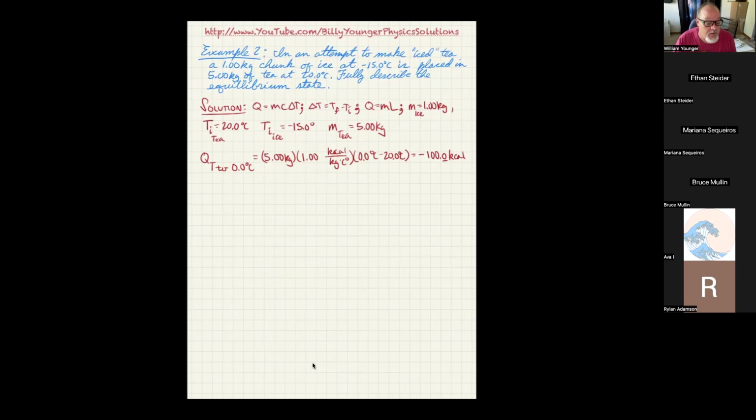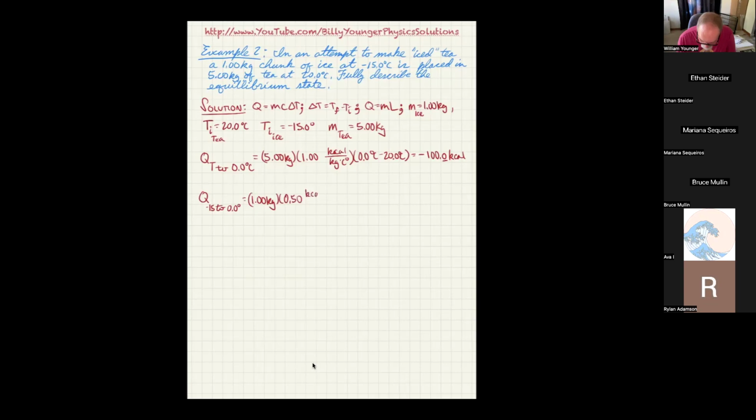Now, in addition to that, I also want to find out how much energy it is going to take to raise the ice from -15 to 0. So Q from -15 to 0.0. In this case, we're actually talking about ice. We know that the ice has a mass of 1.00 kilograms. We know its specific heat is 0.50.